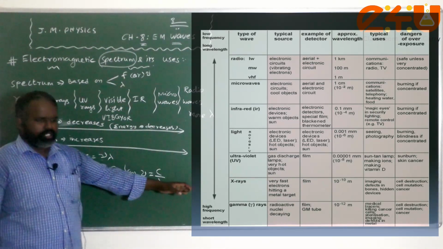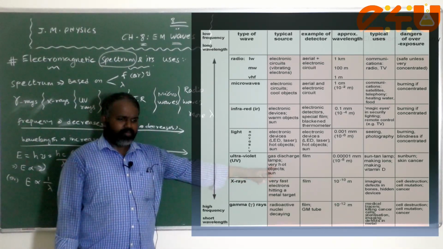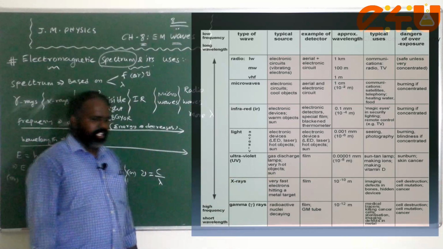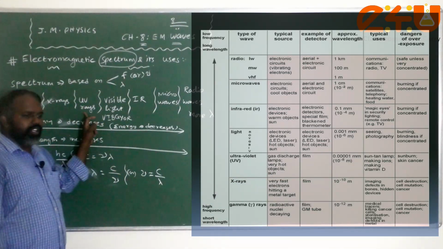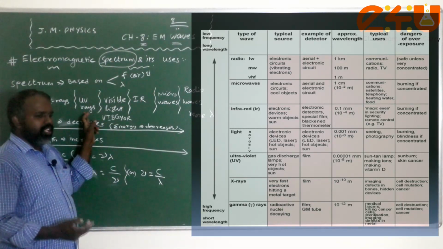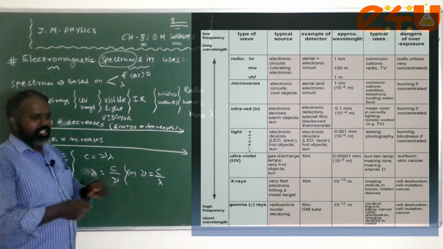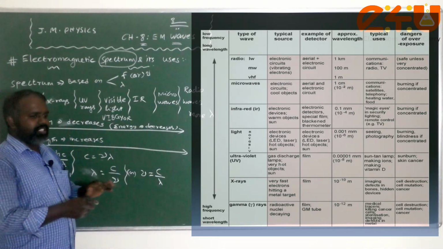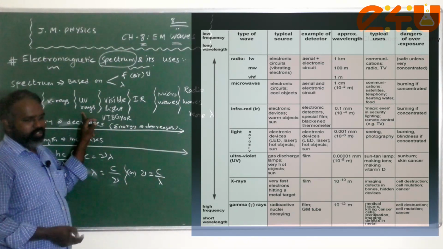UV ray sources are given there as gas discharge lamps, UV lamps. The main purpose of UV rays is in the medical field. They are used for sterilizing medical instruments, to clean them from any germs or bacteria, to kill the bacteria like that. So sterilizing the medical instruments.